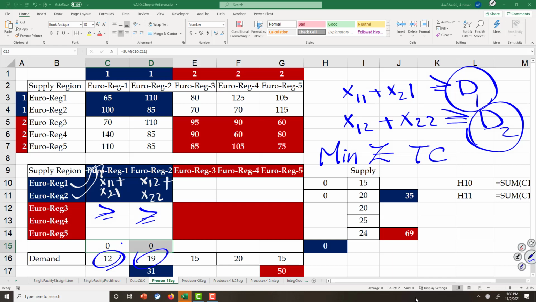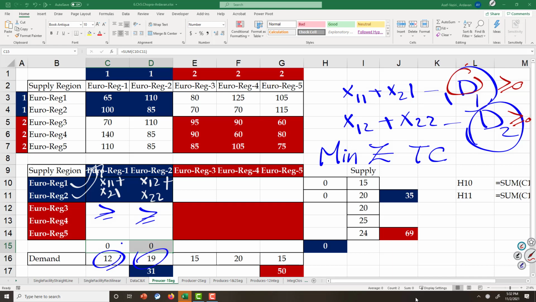Like the other part, instead of writing greater than D1 and greater than D2, we can bring D1 and D2 to the left-hand side, minus, and then write greater than or equal to 0 and greater than or equal to 0. We just move D1 and D2 from right-hand side to left-hand side.